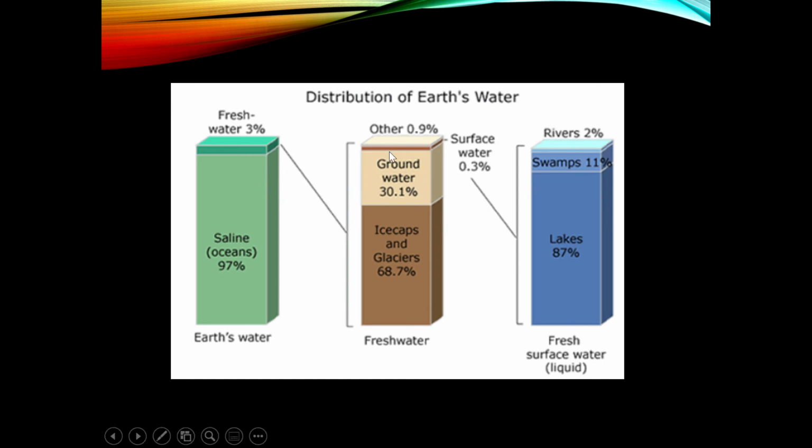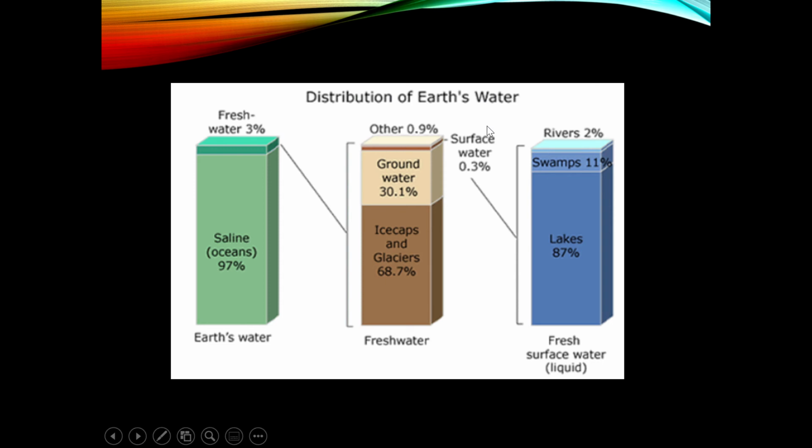But we have a very huge amount of groundwater, which will be 30.1%. And lastly, we have ice caps and glaciers, which will be 68.7%. Notice that this water is frozen in the North and the South Pole, so it is not available for human usage.